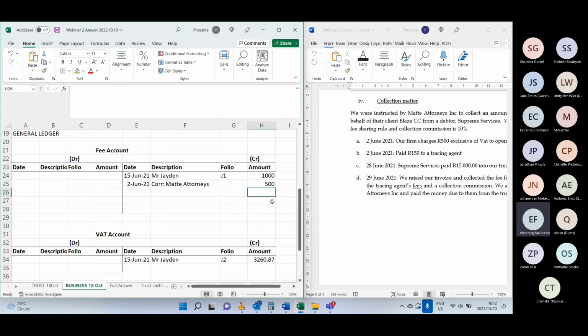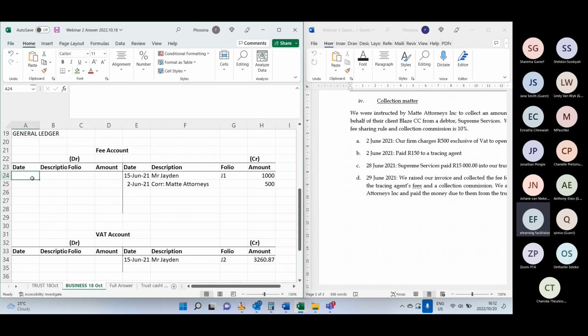Out of the fee, it says it's exclusive of VAT, so the 500 belongs to the firm. But then we are told that we have got a third sharing rule, which means out of the 500, we are sharing the same fee with Met Attorneys. We are not going to receive the full 500 rand.